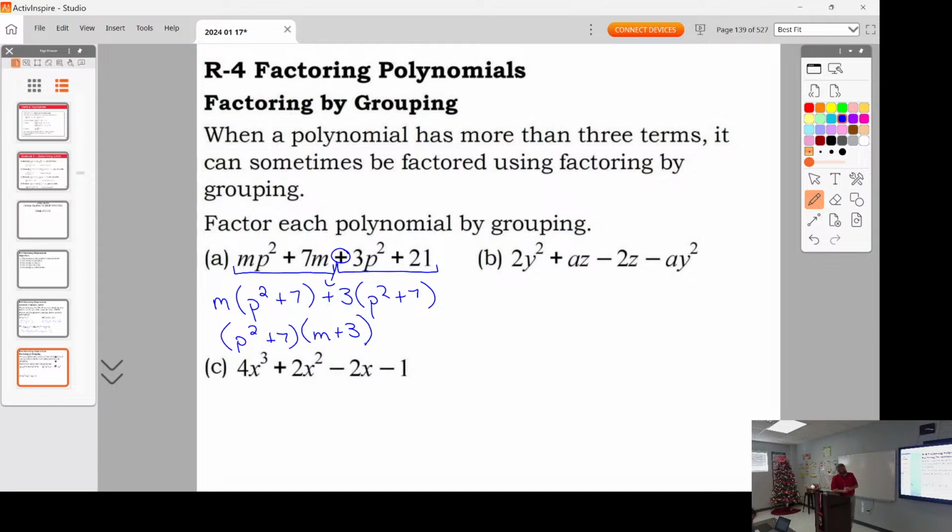2y squared plus az minus 2z minus ay squared. First 2 terms, anything in common?